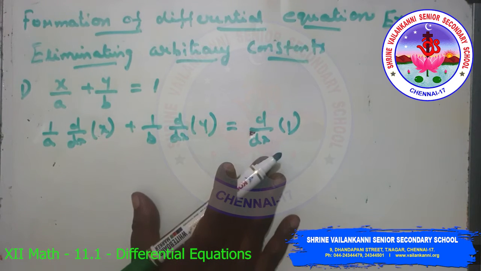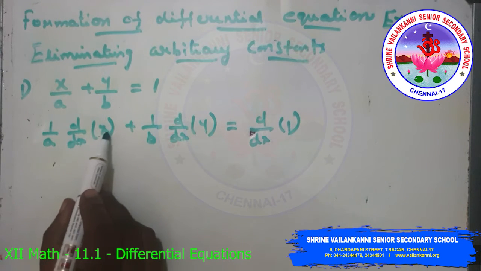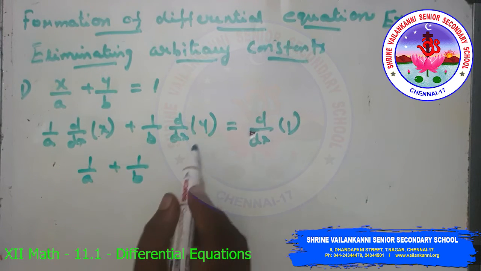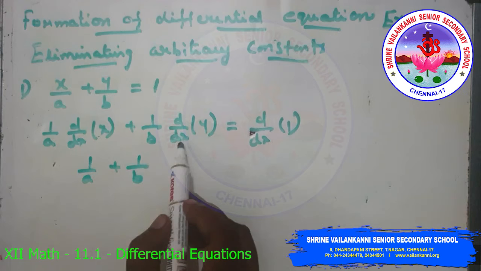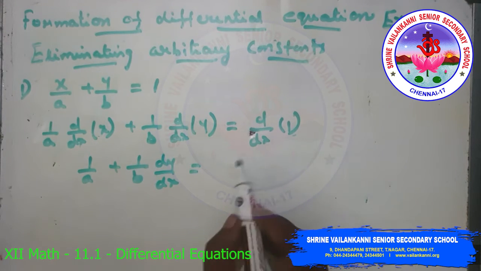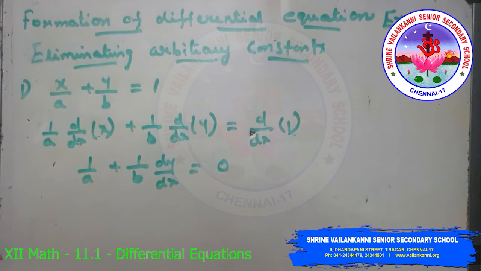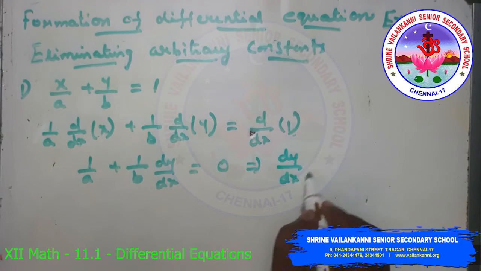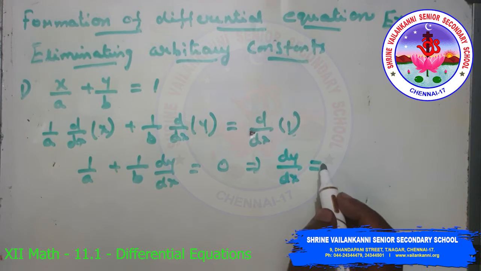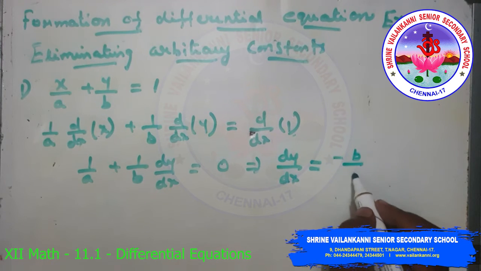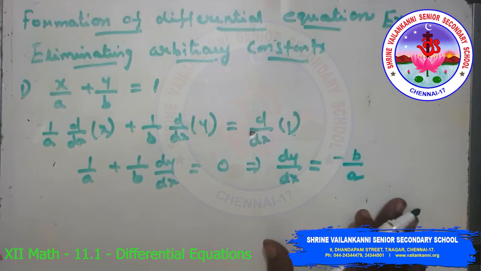Differentiating, d by dx of x is 1, so 1 by a, plus 1 by b into dy by dx, which is equal to 0, since differentiating a constant we get 0. So dy by dx is equal to minus b by a.